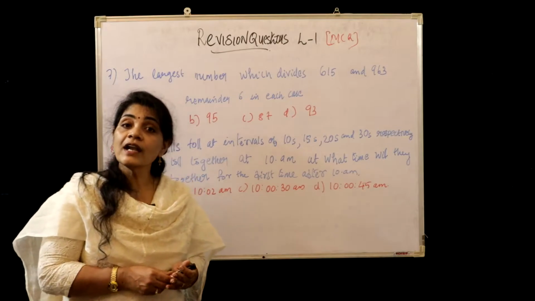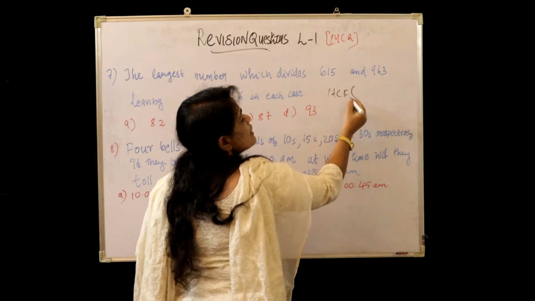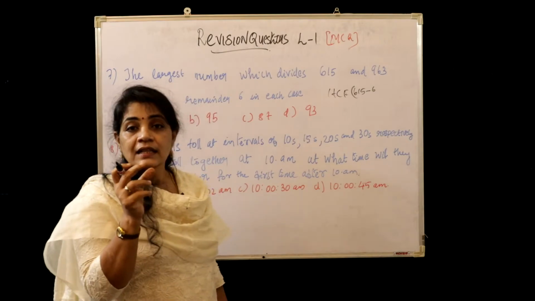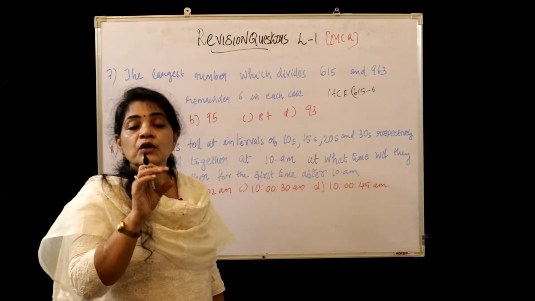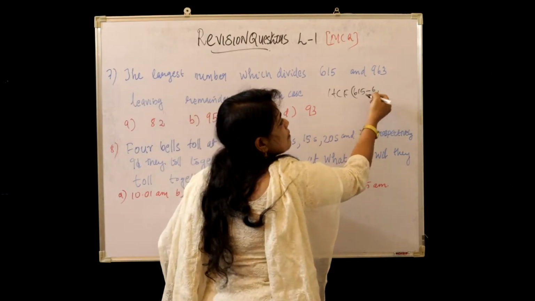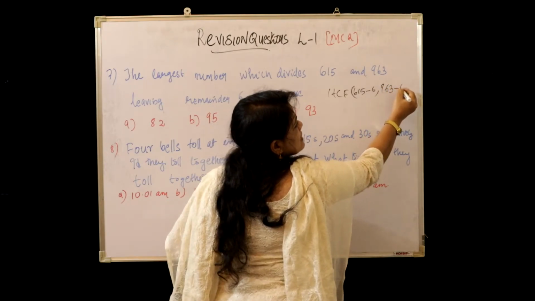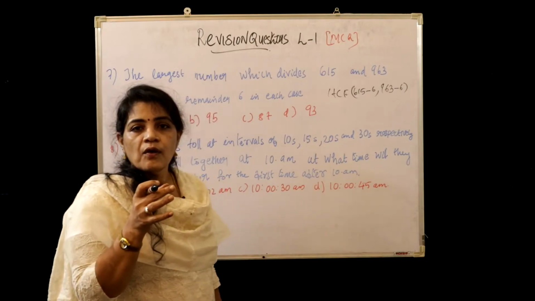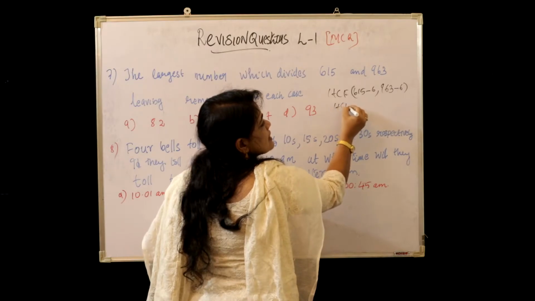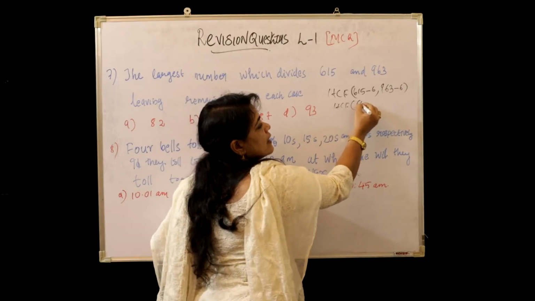That means the required number will be the HCF of 615 minus 6, then only when you divide will you get remainder 6, and the same way 963 minus 6. Understood? When you subtract 6 from 615, what will be the number? 609.